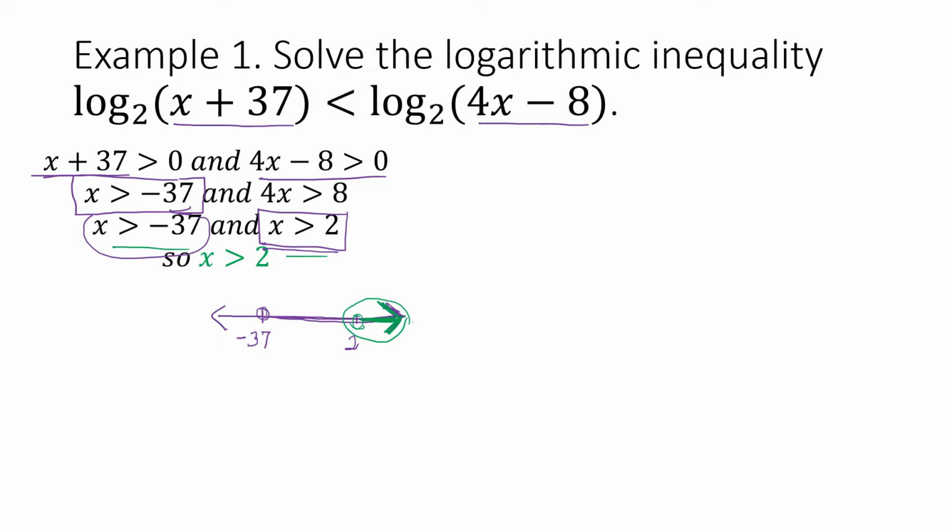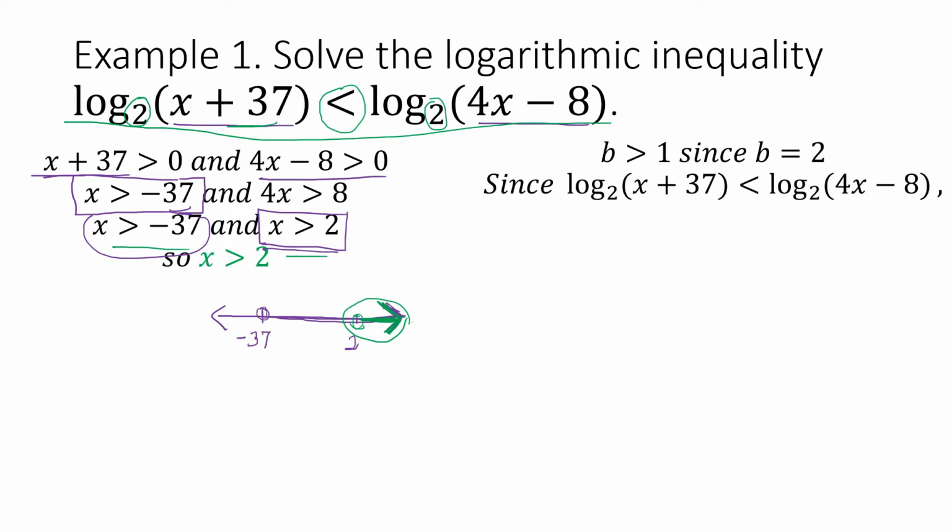Now, another thing we should consider is the property of the logarithmic inequality, and that is based on the value of b. Since b is greater than 1, in this case it is 2, then the inequality symbol, which is less than, will be retained even if we consider their anti-logarithms.